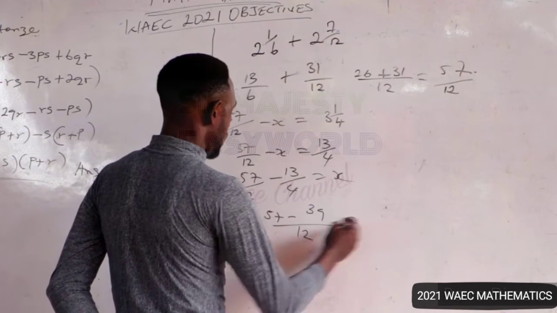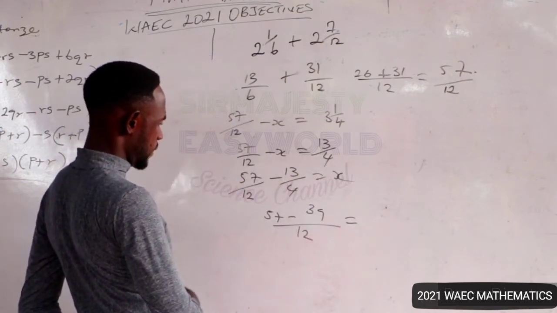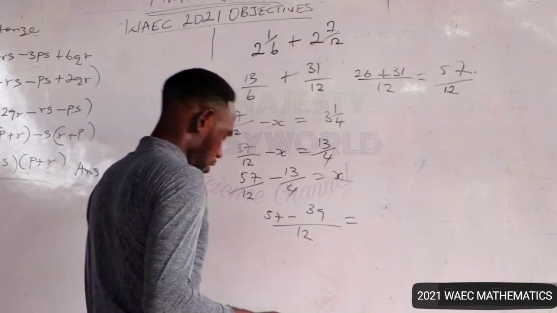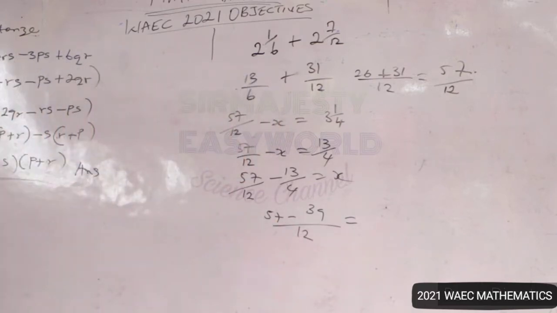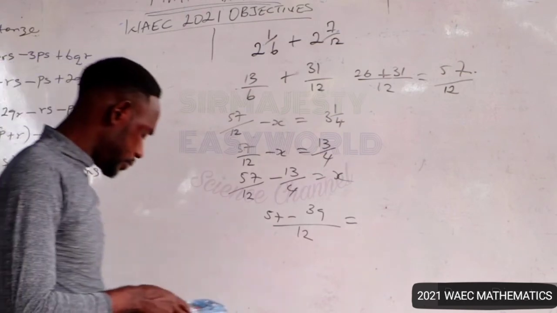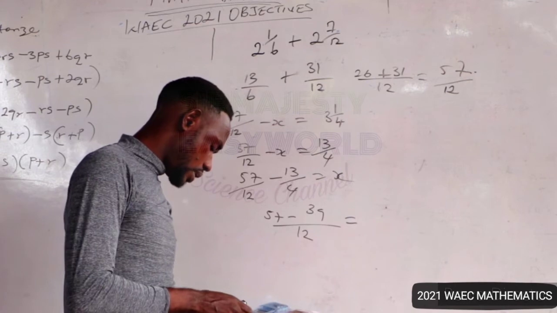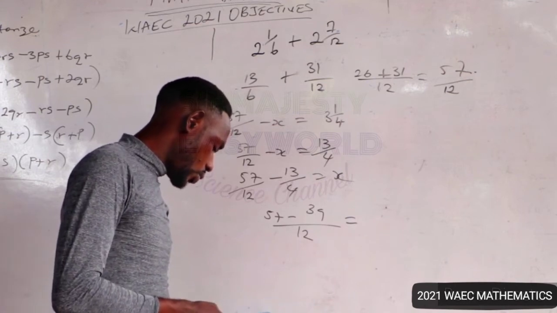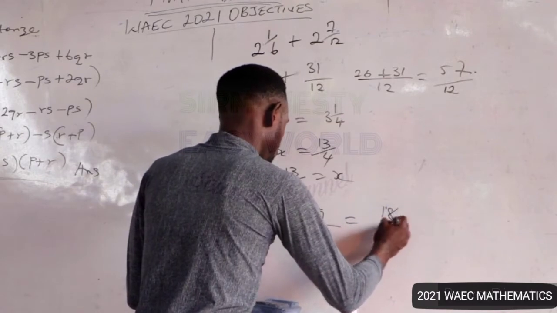So that we have 57 minus 39. Oh, 18, sorry. That should be 18 over 12.